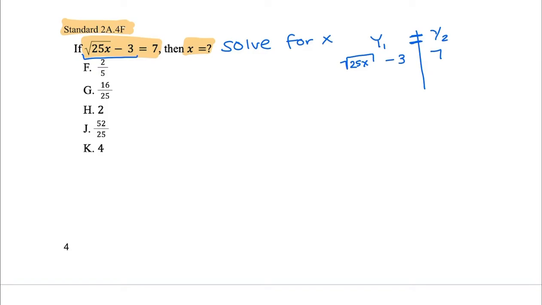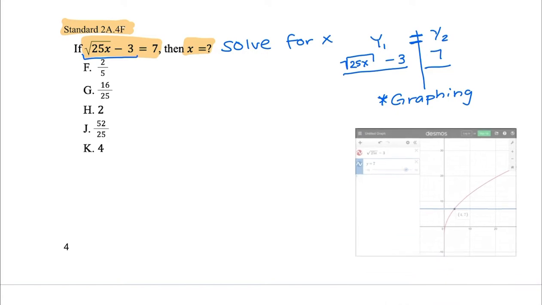So when you get your calculator, you should put this in for the y1, and when you're done, put this in for y2. Once you input them into your calculator into the graphing part, then you can go ahead and press graph. When you graph this, you are going to get a graph that looks like this.